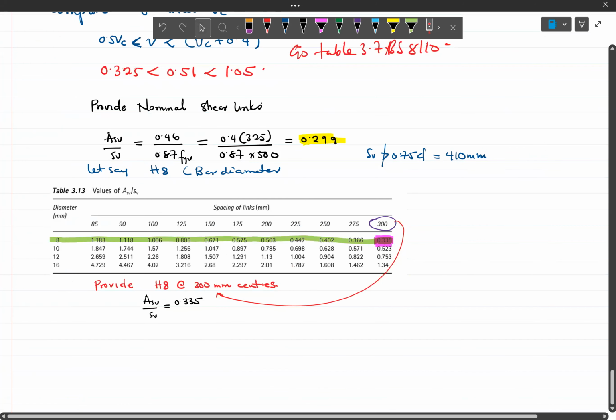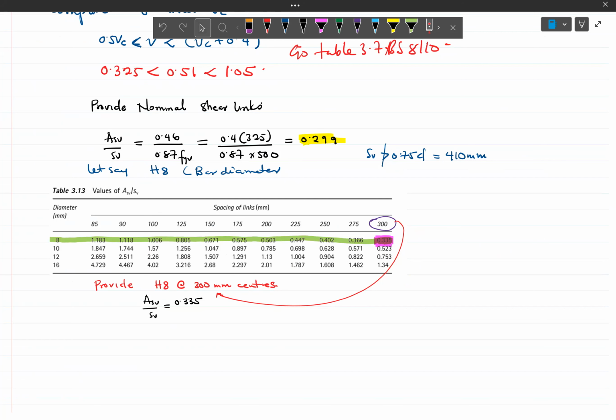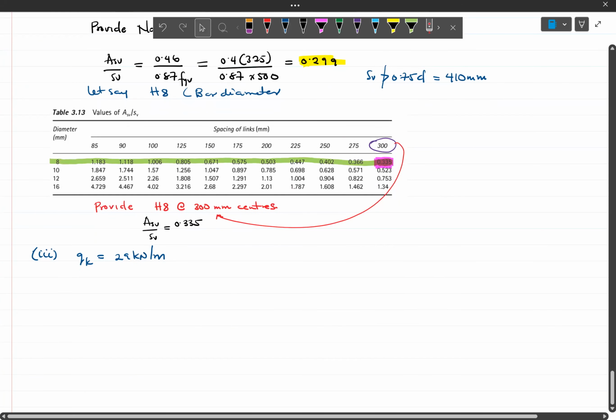Now let's play around with example 3, or maybe the third option. So here again, QK, let's say, is 29 kilonewtons per meter. Here I'll jump a few steps because pretty much all that we have is the same.